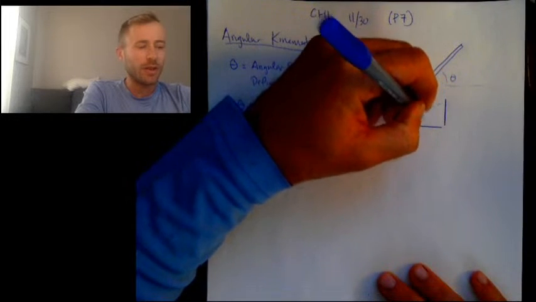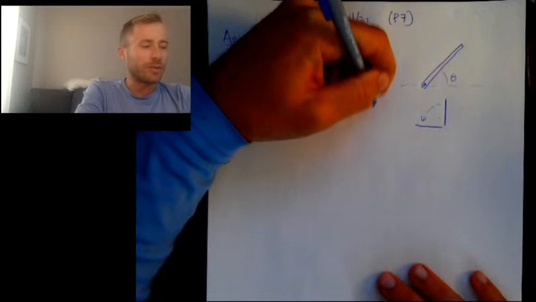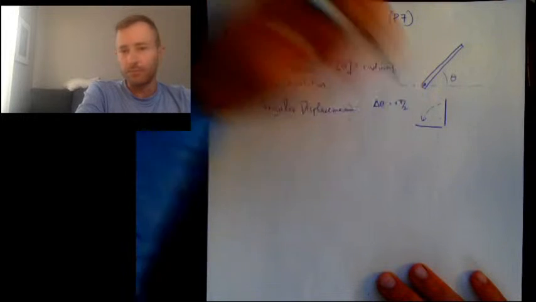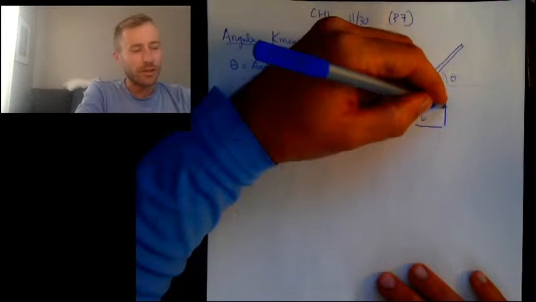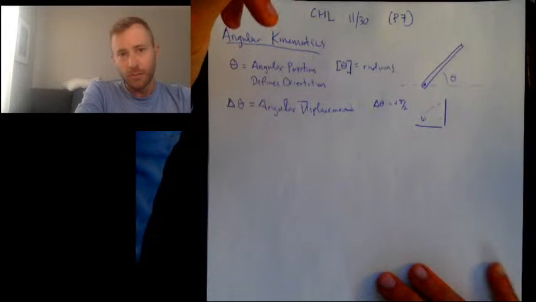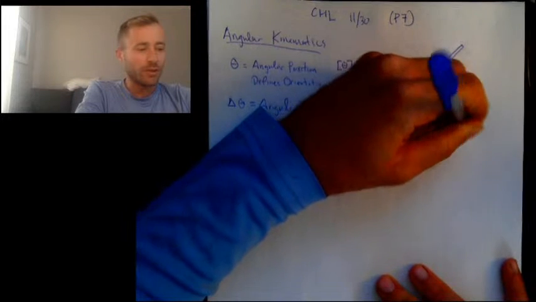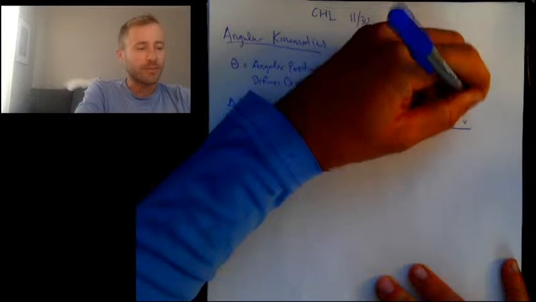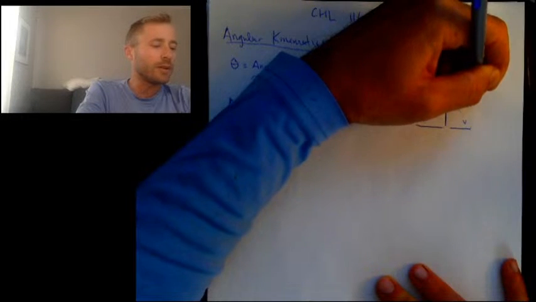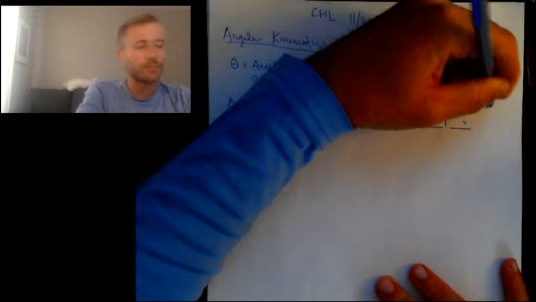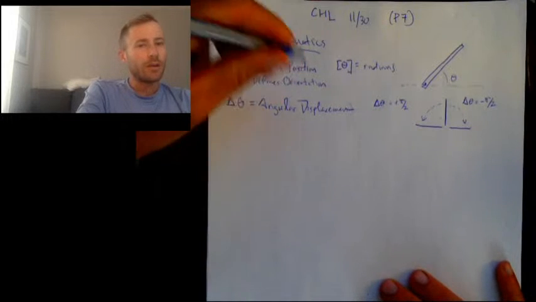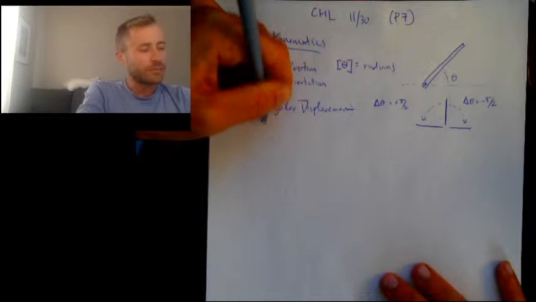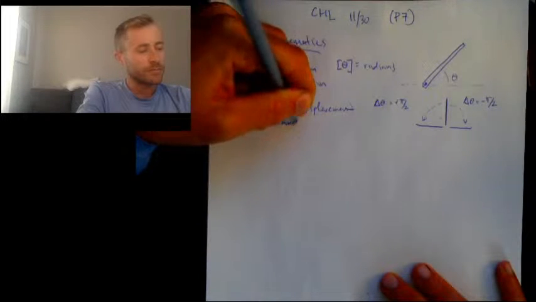That would be an angular displacement of plus pi over 2 radians, because it rotated 90 degrees in the counterclockwise sense. If it rotated this way, that would be an angular displacement of negative pi over 2. So basically the angular displacement is measuring how much did it rotate.